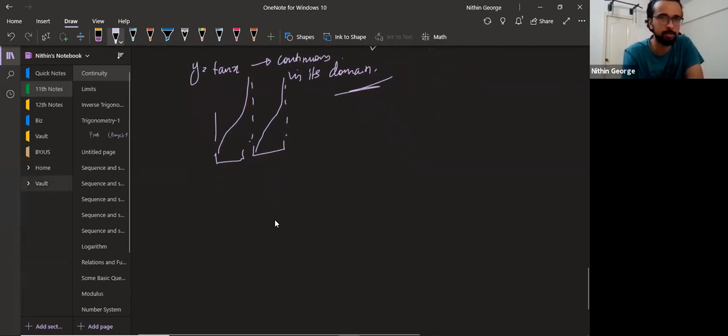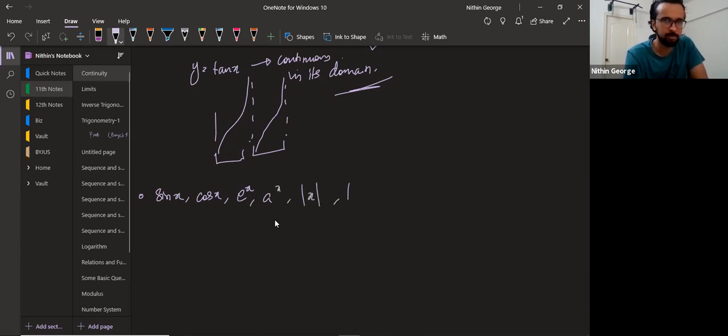Okay. So notes here. Sin x, cos x, e power x, a power x, x inverse, any polynomial function, odd-th root of x.